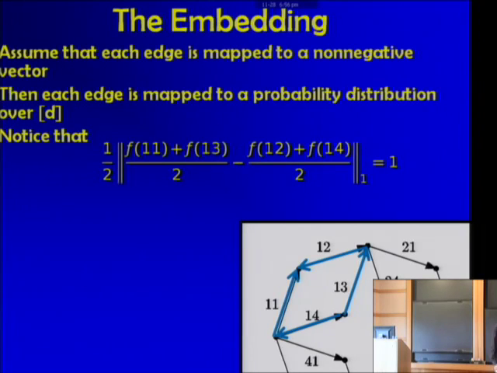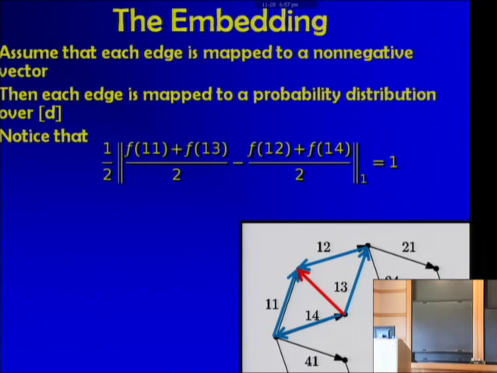So this expression inside the norm is essentially the vector going from here to here. Because we assume this embedding has no distortion, this vector must be of length 2, but I divide here by a factor of 2, so I get the norm is 1.